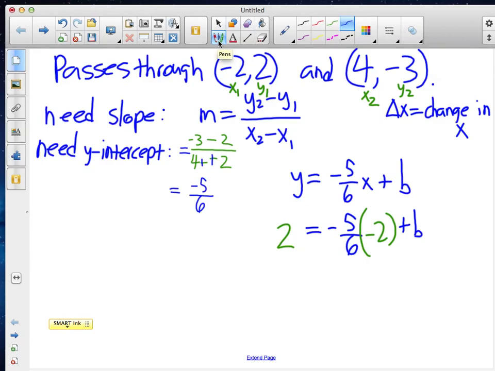So now I'm just going to multiply the fraction here. Negative 5 over 6 times negative 2. Remember, this is 2 over 1. And when you multiply fractions, you only multiply numerators. I'm going to write it down for those of you that forgot fractions. Or rather, we multiply straight across.